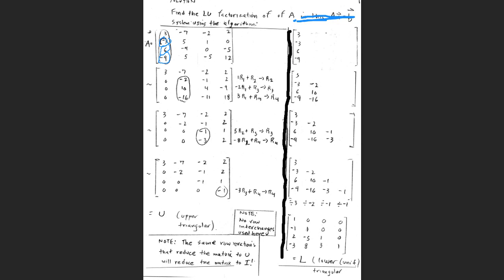Normally what I might do is multiply through the first row by a third so that the pivot, the 3 here, would be 1. But we're not going to do that. We're just going to do row replacement operations.